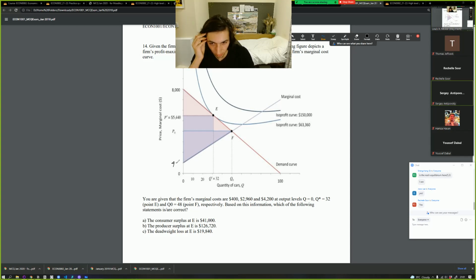We know that this is 400 because it's saying that marginal costs are 400 at output level 0. We know that at output level 32, you have 2,960. And we know that at the equilibrium, it's 4,200. So we've got some values here to work with.